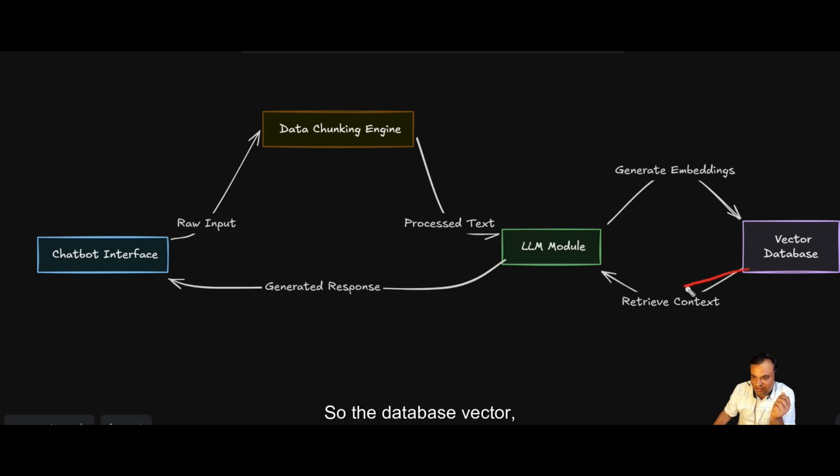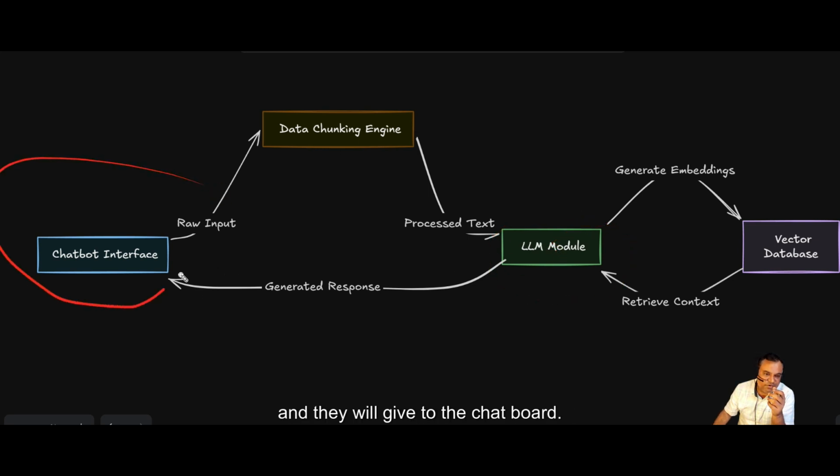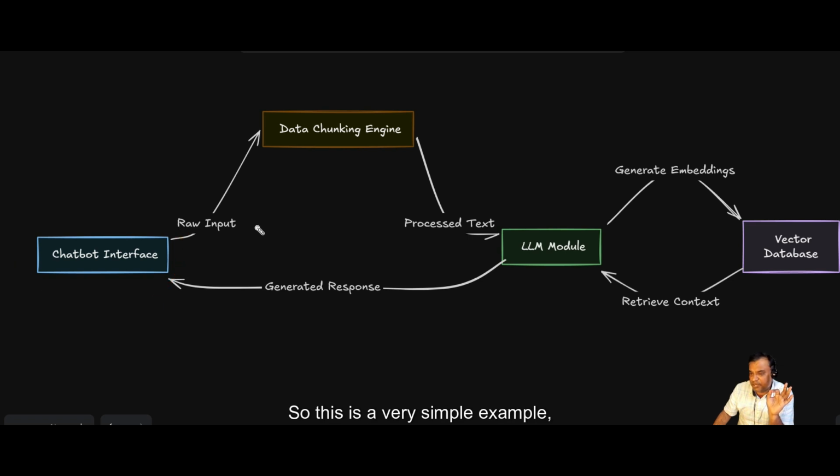The vector database will give the retrieval information as vector coordinates. This will go to the LLM module, which will convert these vector coordinates into a human-readable response, sugar coated. If it has some more information, it will add it and give it to the chatbot. So this is a very simple example.